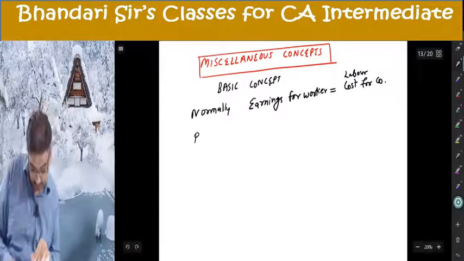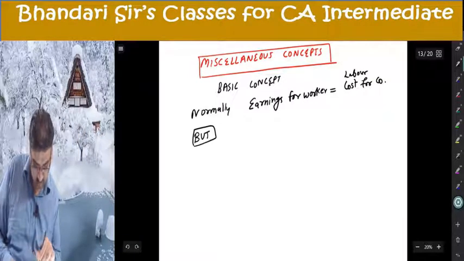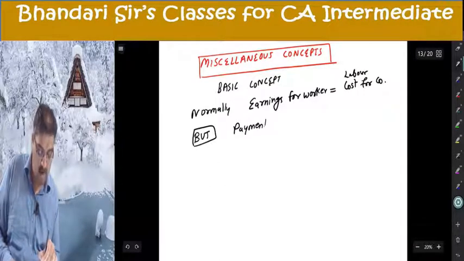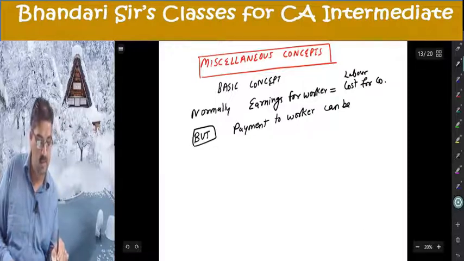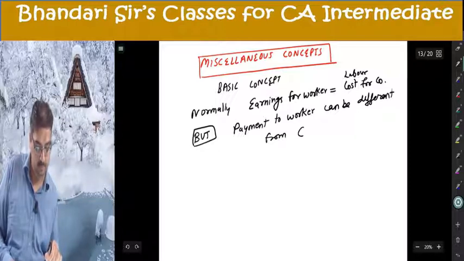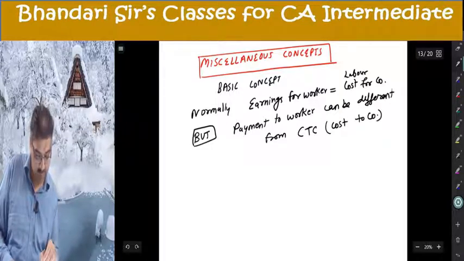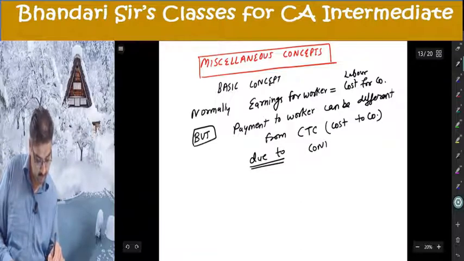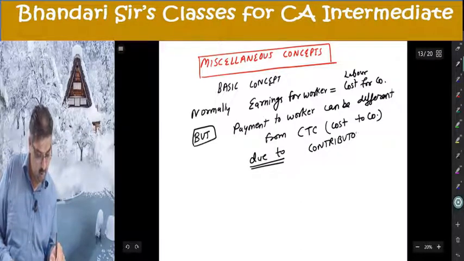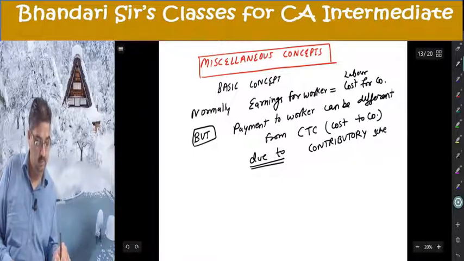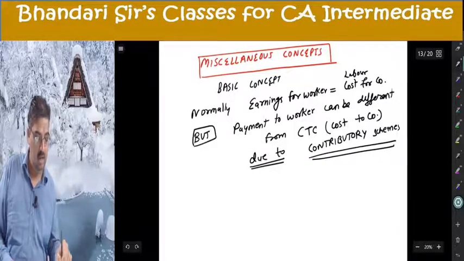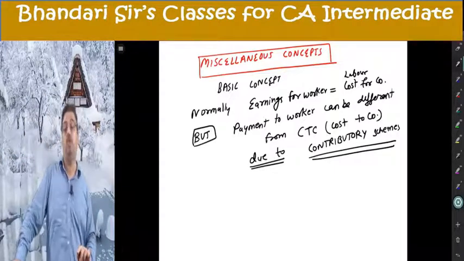But payment to worker can be different from CTC, cost to company, due to contributory schemes. There are many welfare schemes of contributory nature.